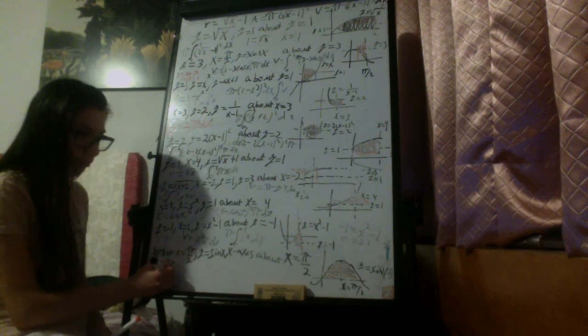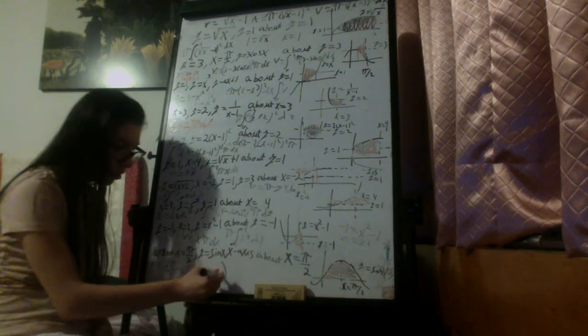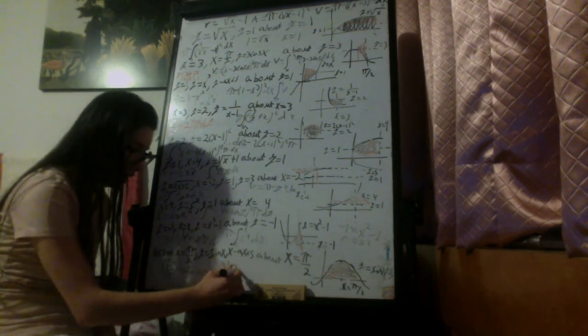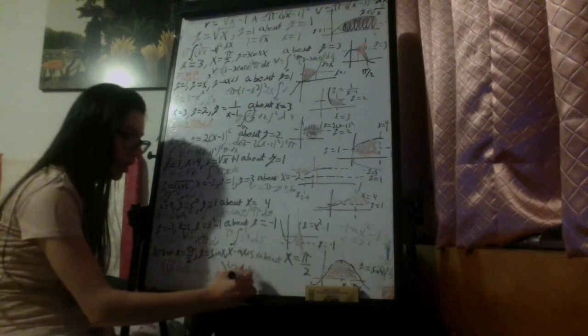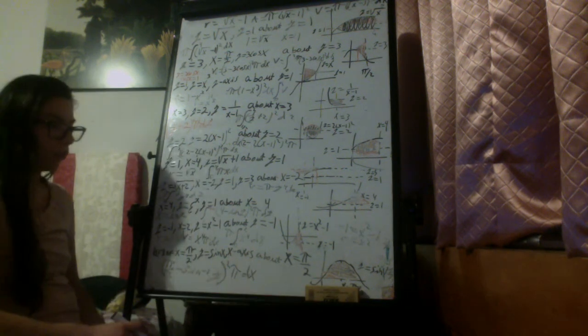So the radius would be pi over 2 minus the x value of the function. Let me put sine x in terms of x, so it would be sine to the negative 1 of y. This is our radius. If we square this and multiply it by pi, we have the area. If we multiply this times dx, we have the volume of one disc.